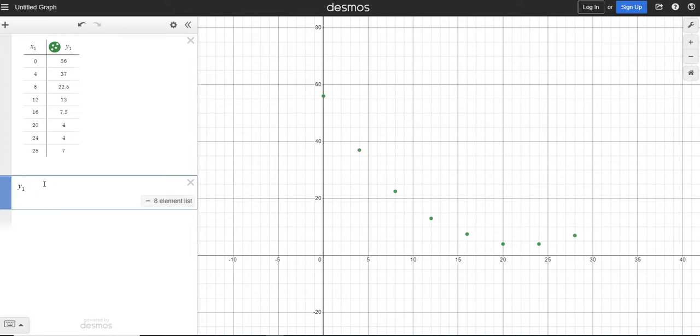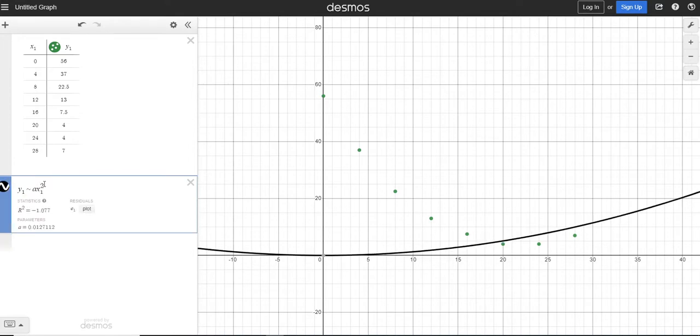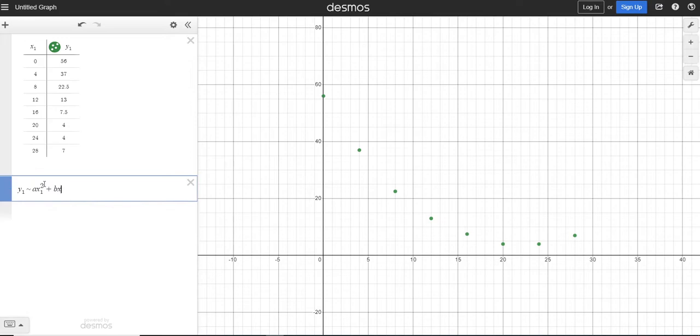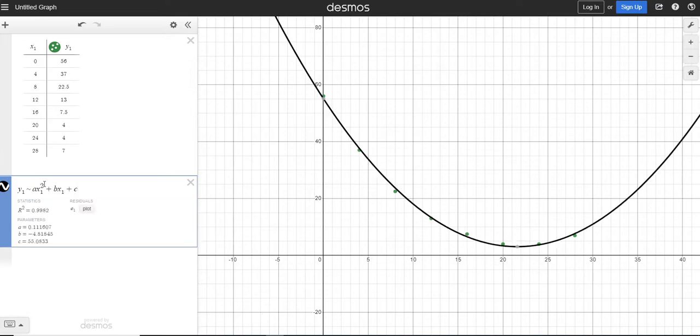So y1 tilde, and then it's the expanded or standard form of a quadratic, a x1 squared plus b x1 plus c. And indeed, you can see that the points are very close to the model. The r squared is 0.998, super close to 1, so really good fit.